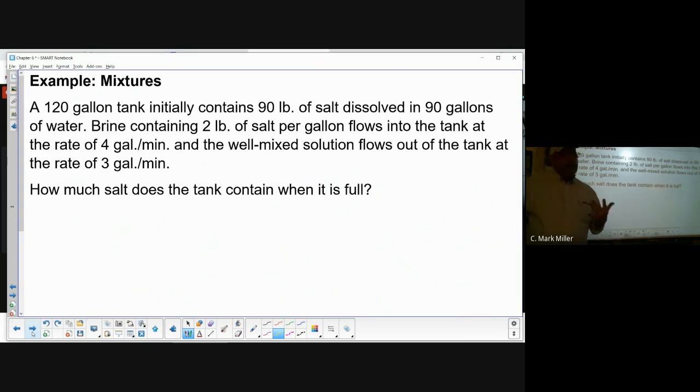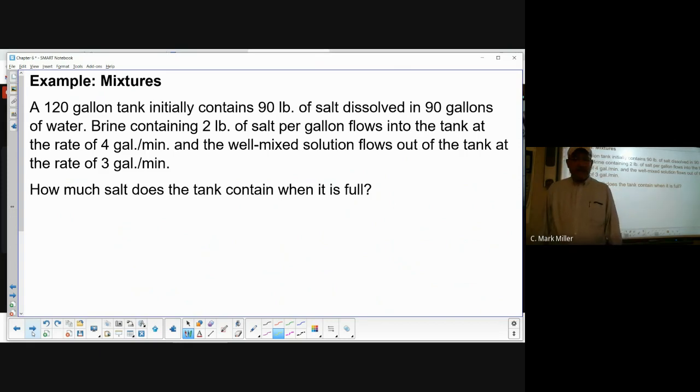One application of differential equations that's very common is mixture problems. Mixture problems where you have some kind of mixture in a tank. You've got something going into the tank and something going out of the tank. Actually, you may not have something going out of the tank. It doesn't have to be, but a lot of times there is.